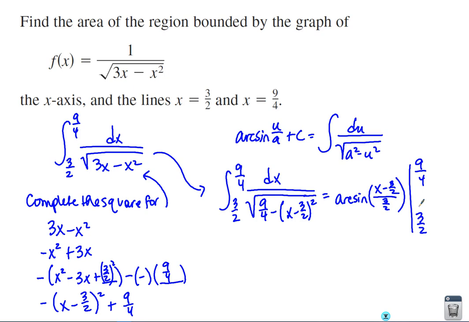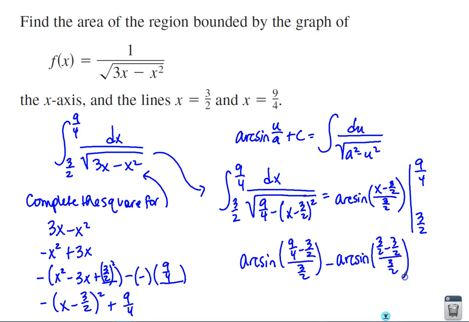So now we're going to just plug in our bounds. So arc sine of (9/4 minus 3/2) over 3/2, minus arc sine of (3/2 minus 3/2) over 3/2. Well, that's just 0. Arc sine of 0 is 0. And then, so I just need to clean this up.